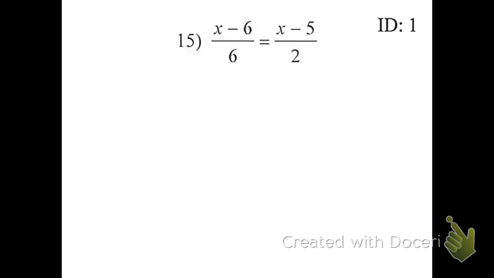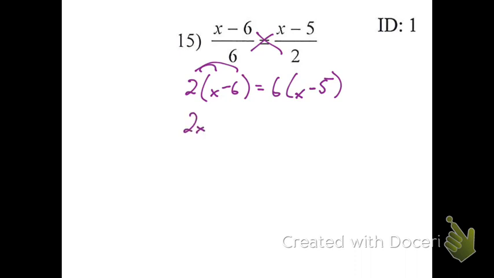All right, I've already done 16, so I suppose I could probably do 15. Why not? So these two, you get 2 times x minus 6, and then 6 times x minus 5. So I have 2x minus 12, and then I have 6x minus 30.